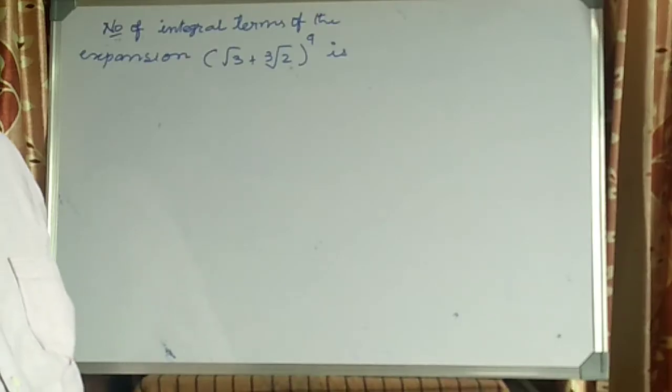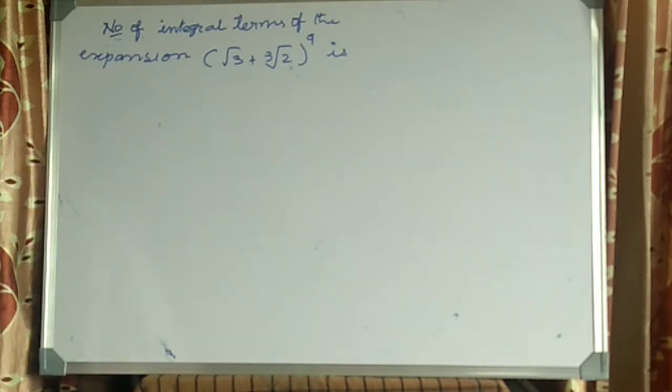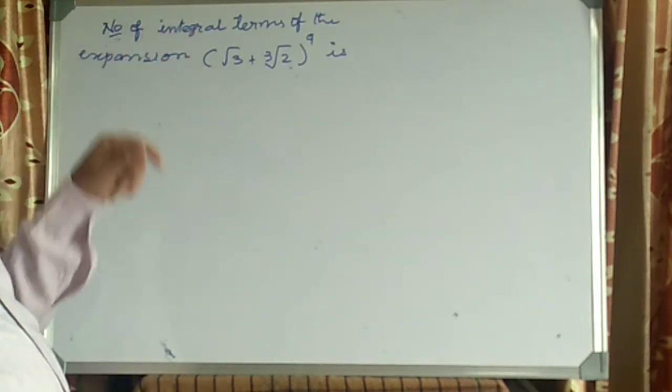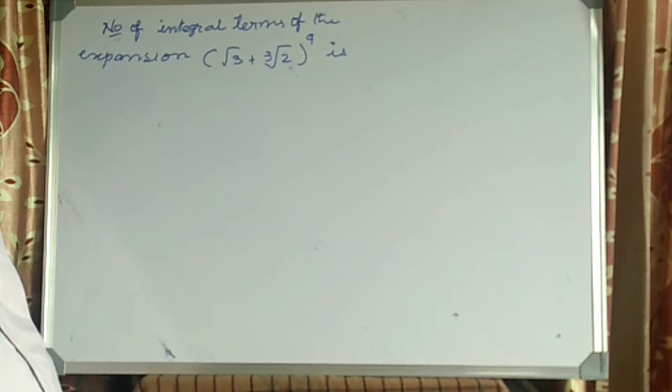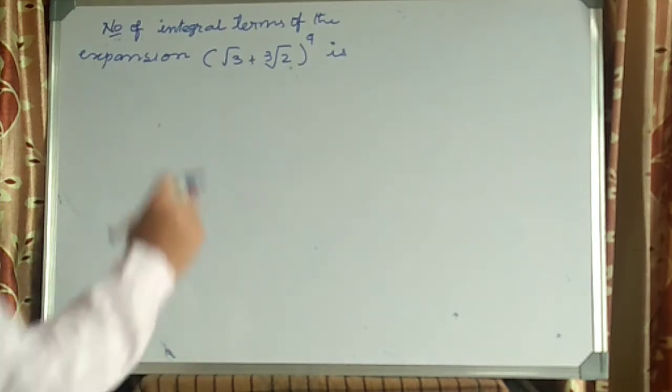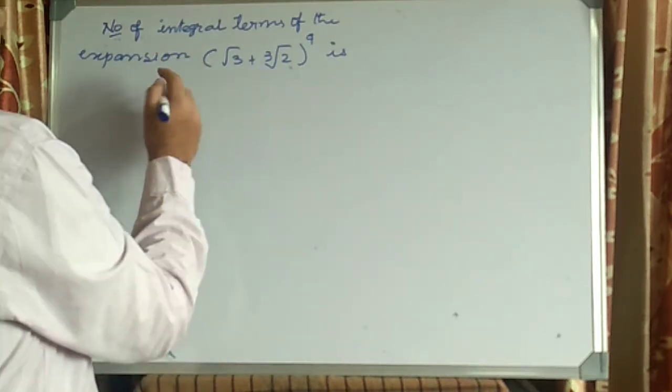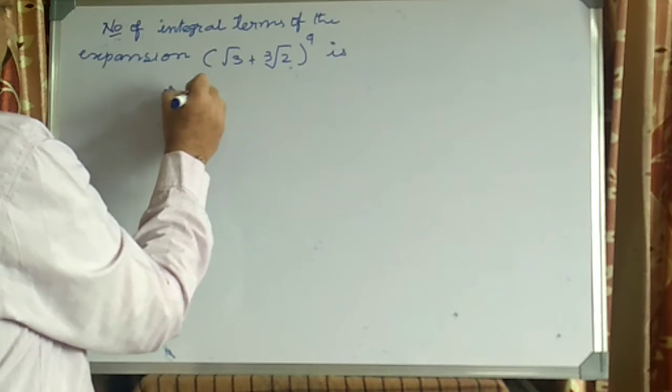Another question given in the examination is the number of integral terms or the number of rational terms. The same formula is applicable. Here I am having terms which are surds.